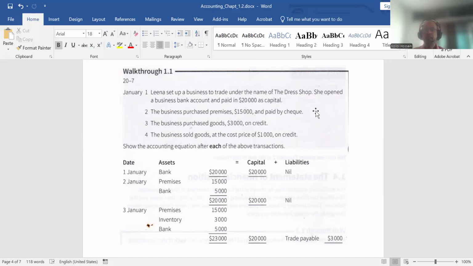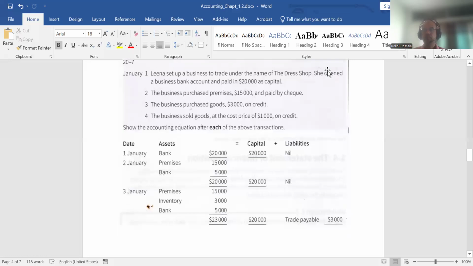So the asset, bank balance, is increased by 20,000. Similarly, on the right hand side, the new capital is increased by 20,000. So the equation is balanced: bank deposit 20,000 as an asset, and capital 20,000. This is the owner's equity or capital.